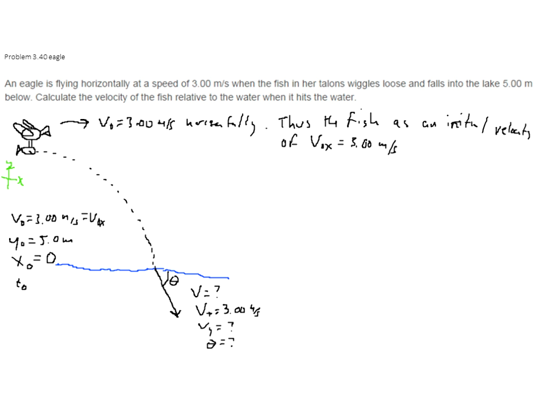Doesn't matter what time of day this is, so we can just have the clock start at 0. We also know that ax equals 0, or that's what we're going to assume. And what that really means is we're assuming no significant air resistance.